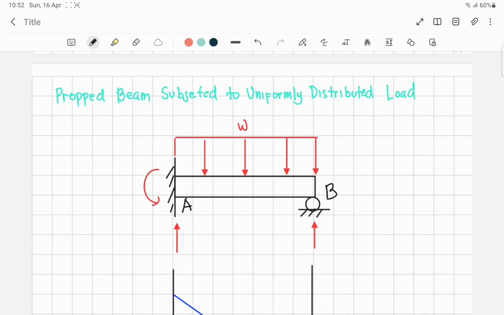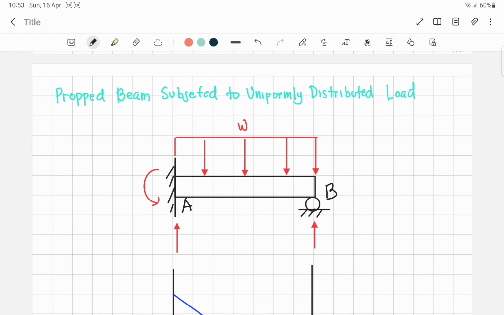Next, I will discuss the shortcut method for common types of loadings for our prop beam. In this sample, we're going to use the same problem as the first problem we discussed. You can see that we have a uniform load on a prop beam, which is very common.